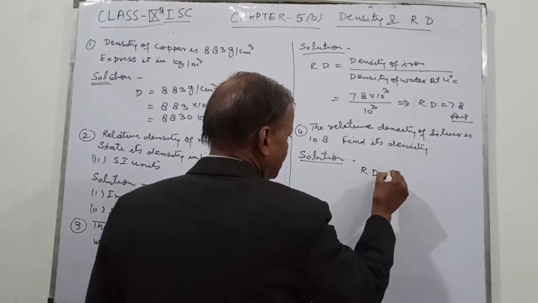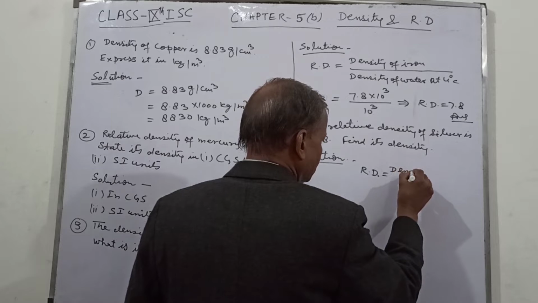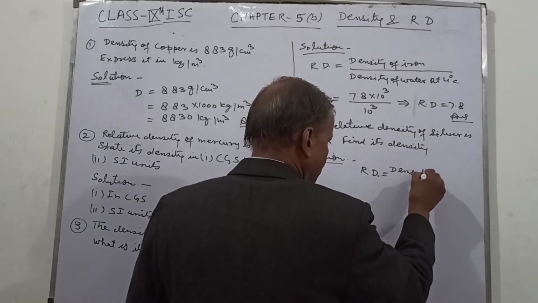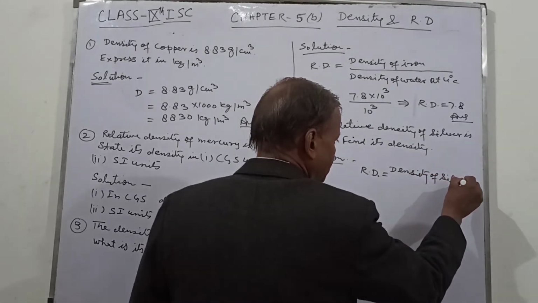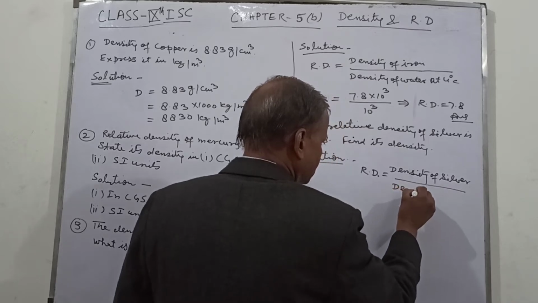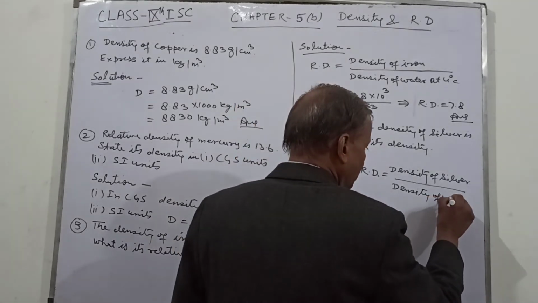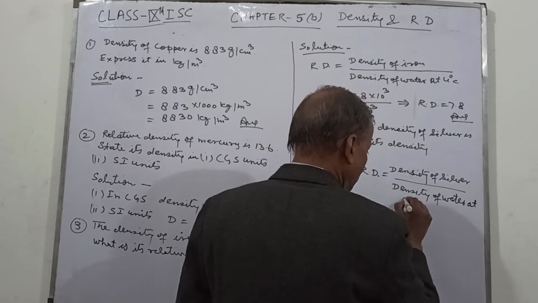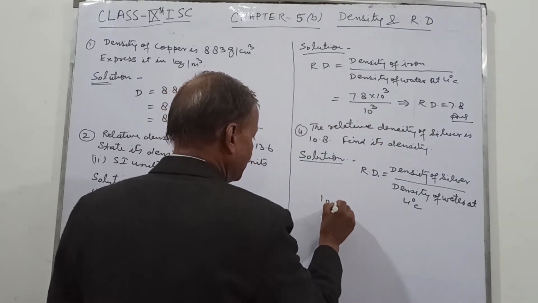Relative density equal to density of silver upon density of water at 4 degrees Celsius. So now this RD is 10.8.